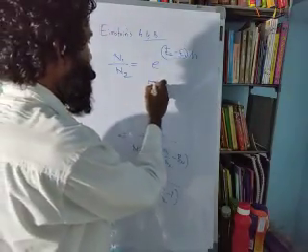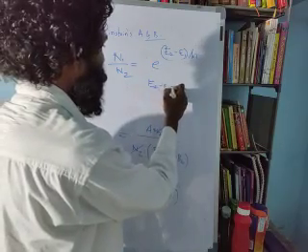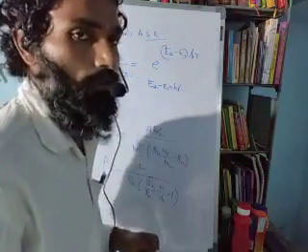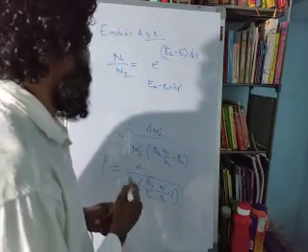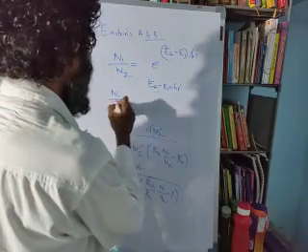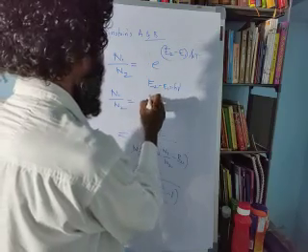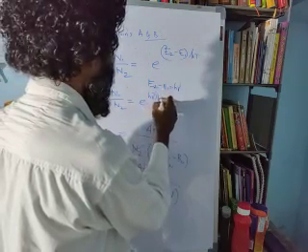And if you take E2 minus E1 as h nu, the energy of the photon which is interacting with the two levels, then we can write this n1 by n2 as exponential of h nu divided by kT.